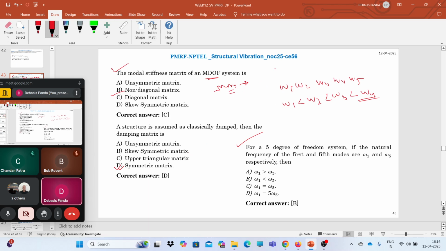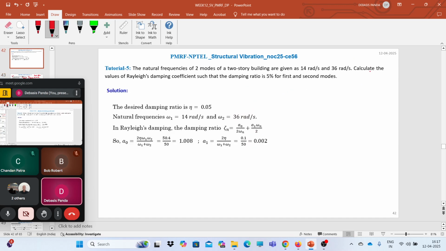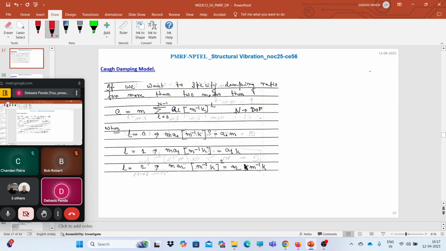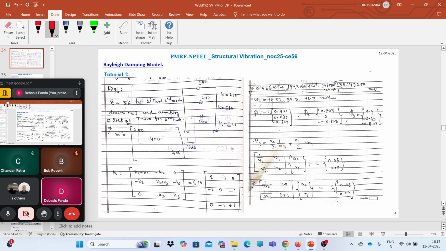If asked, what is the value of the modal mass matrix? The options will be identity matrix, non-zero matrix, skewed matrix, and all these things. So it will be an identity matrix, right? Modal mass matrix. And the modal stiffness and modal damping matrices will always be diagonal. Okay, now let's quickly go through these damping models and solve a few problems related to damping.